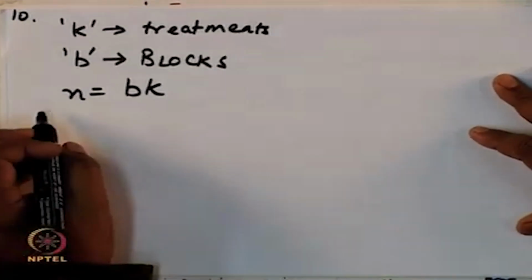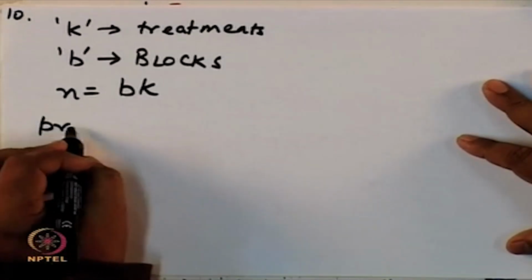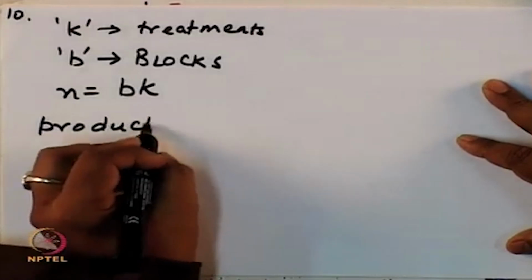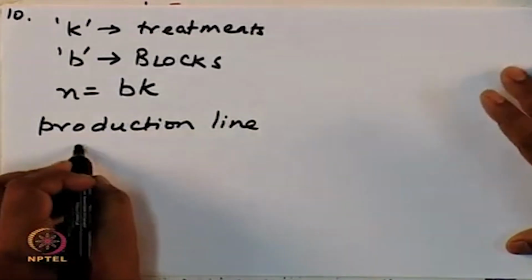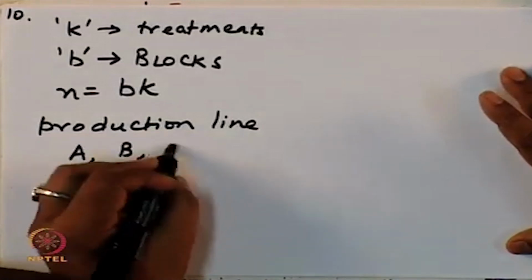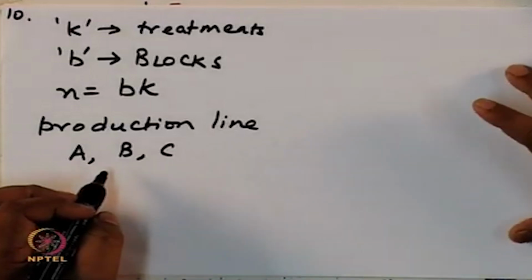If you take an example, imagine in a production line, the engineer is trying to compare between 3 methods for assembling a given product.